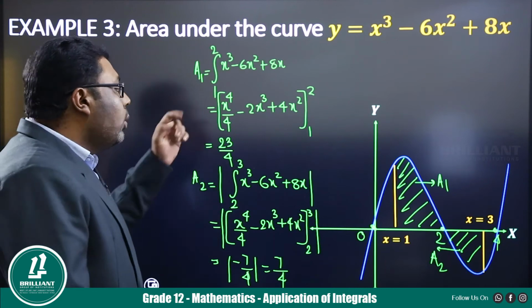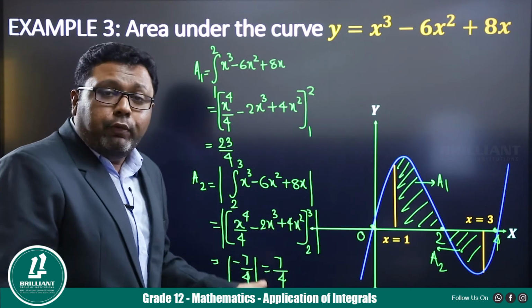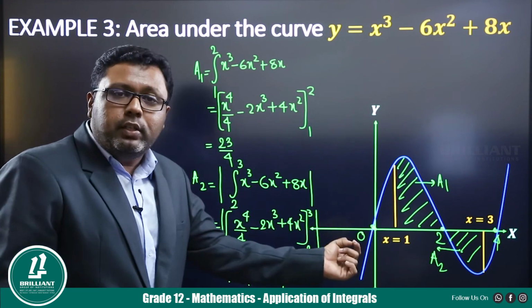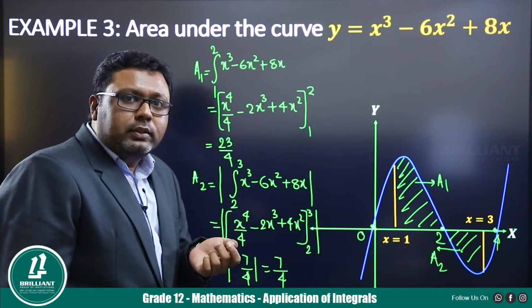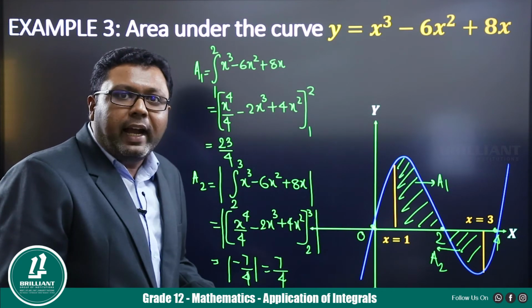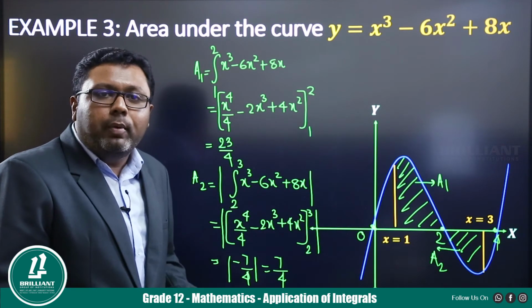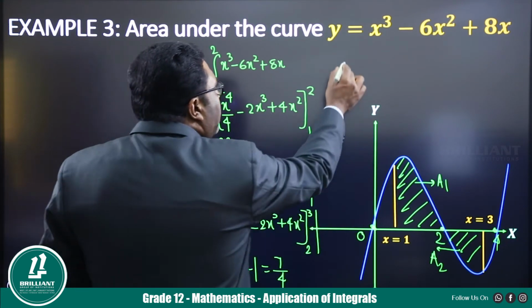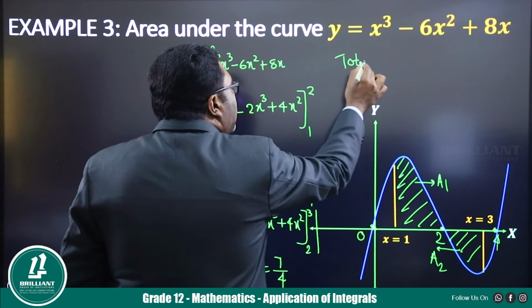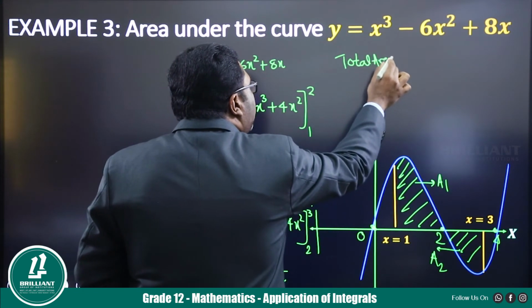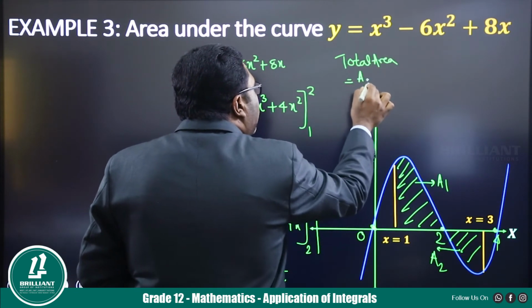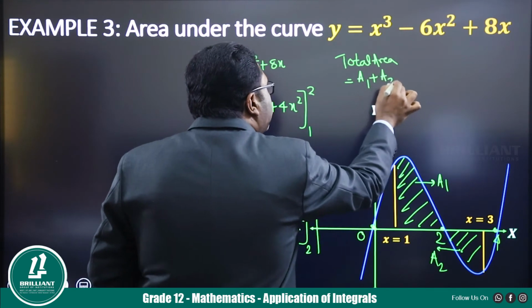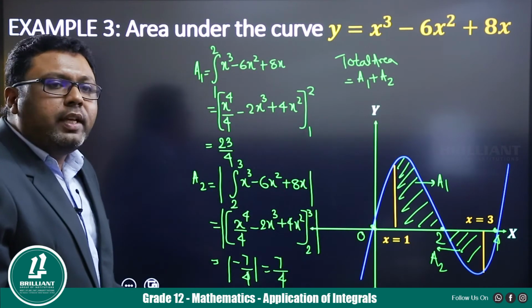Okay, now I got A1, I got A2. If you did not apply modulus for A2, you will be subtracting A1 and A2, not adding. But since you applied modulus, the total area is going to be A1 plus A2.